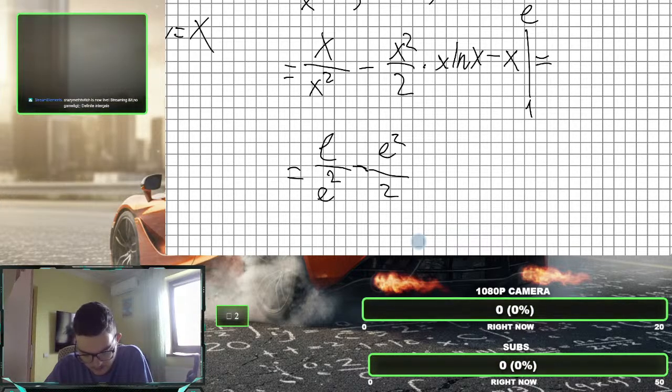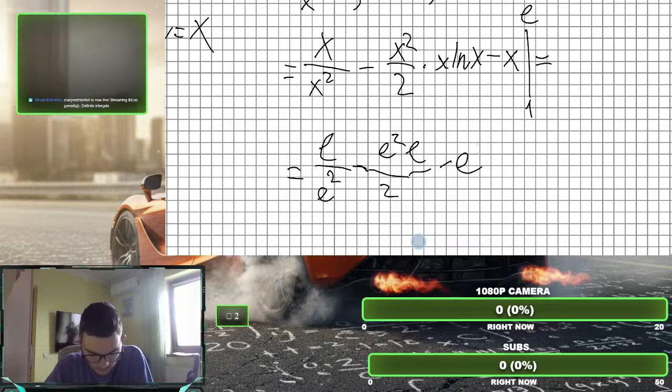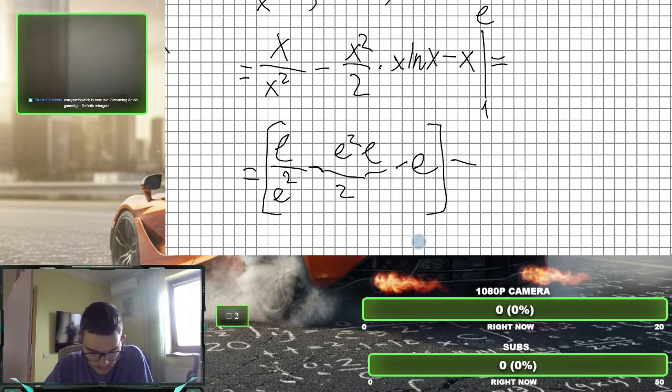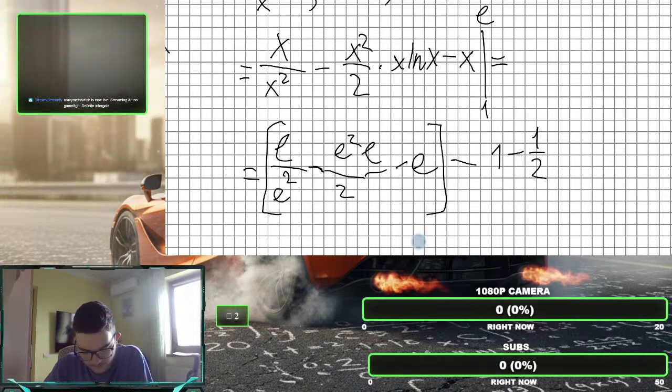Ln e is 1, so I'll have times e here, so it'll be like this, and minus e, and this minus, once again, I'll have there 1 divided by 1, which is 1, minus 1 divided by 2 times ln of 1, that's 0, so this whole thing will be 0 minus 1. Now I have 1 minus 1, but there's minus 1 and minus 1, which is minus 2 here.